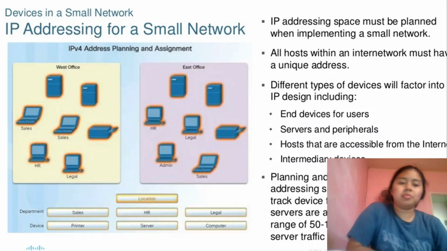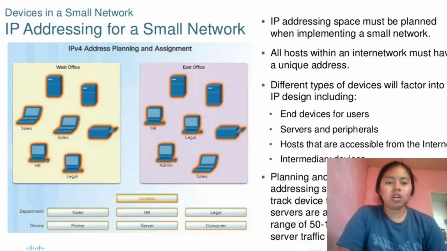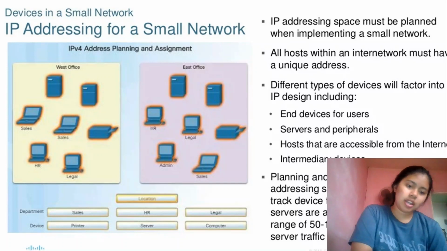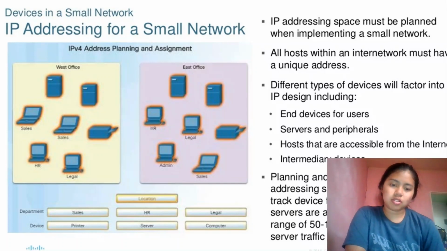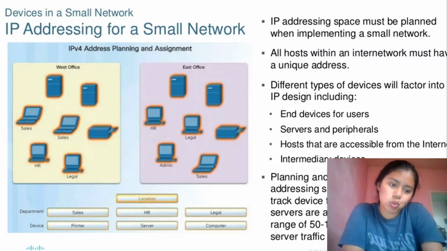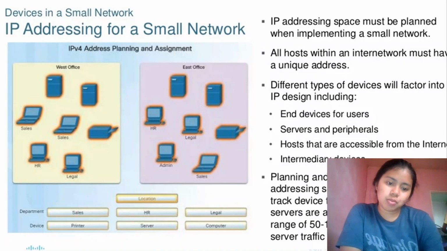Different device types. Hosts are accessible from the internet. Intermediary devices. Planning and documenting the IP addressing scheme helps administrators track device types. For example, if all servers are assigned a host address in the range of 50 to 100, they will be easier to identify.